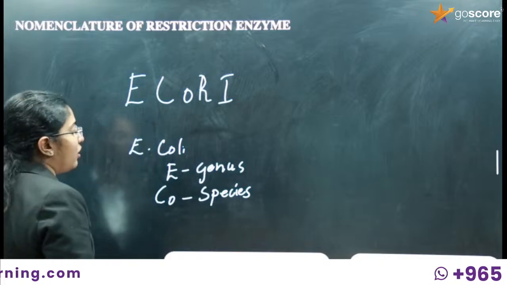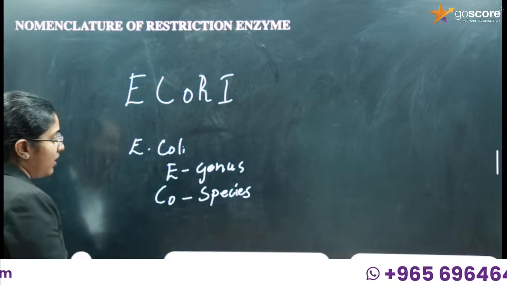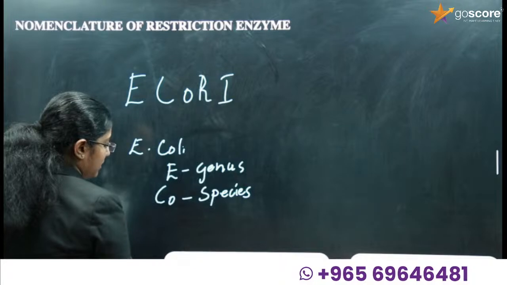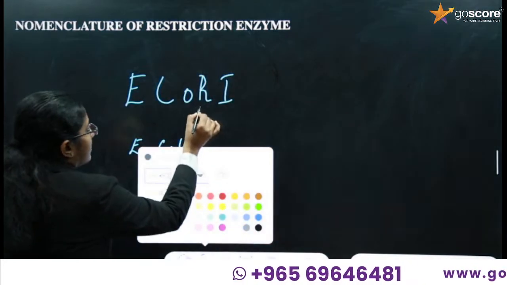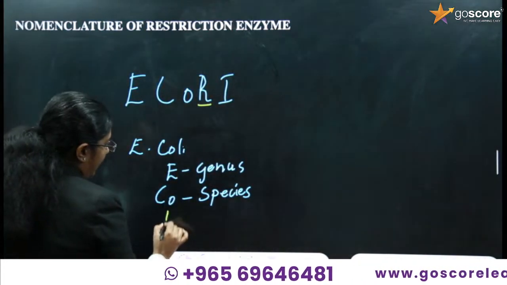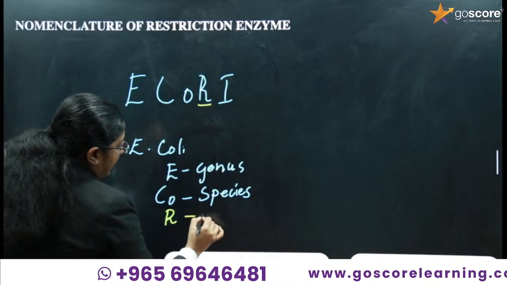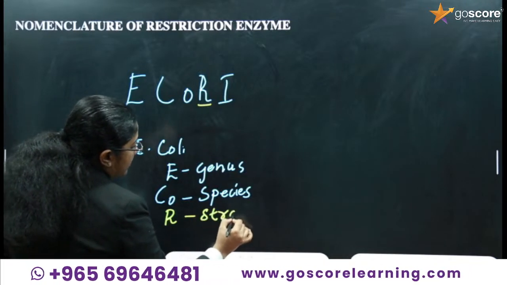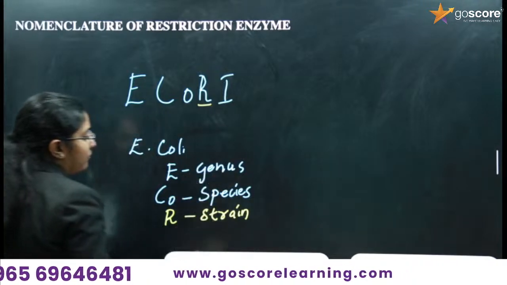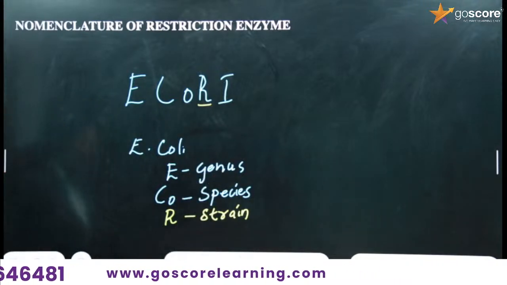And what is the next letter? See, the next letter is R, right? R represents the strain of bacteria from where this is isolated.